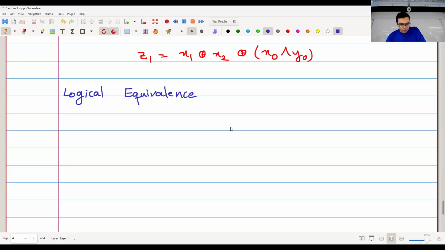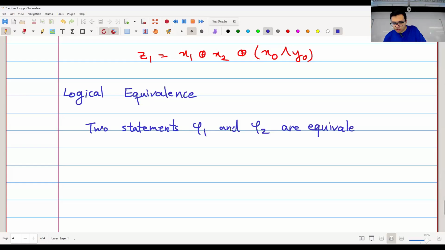So if I have two statements or two propositions, phi1 and phi2, are equivalent if, well, I want to say that they should always have the same truth value, but the way I can say that is this.